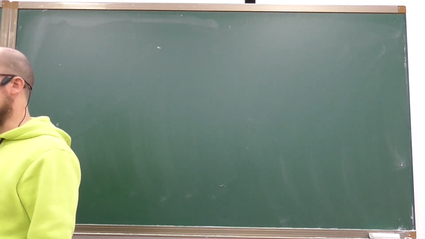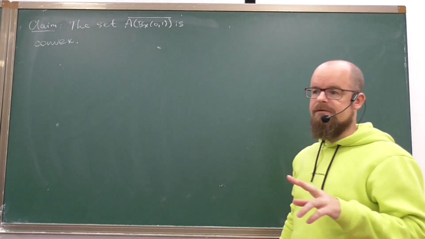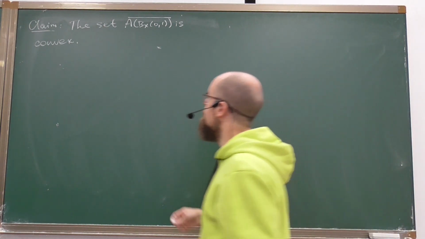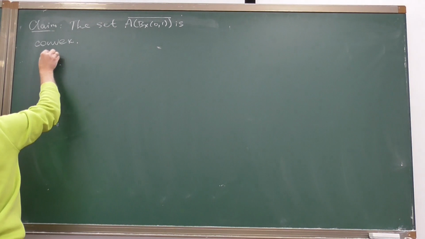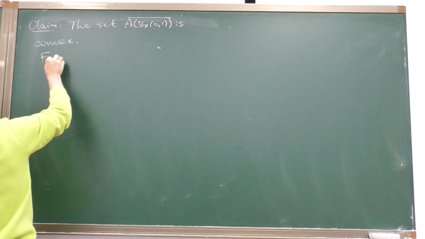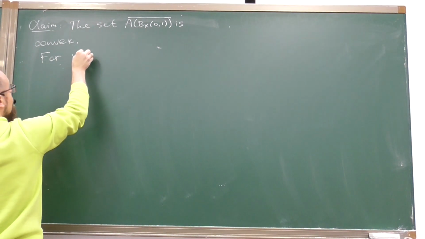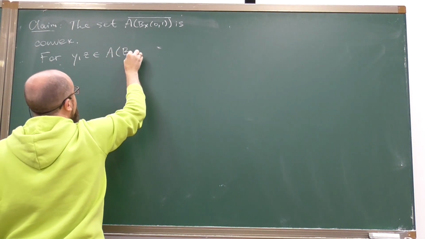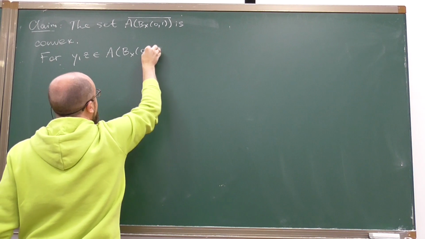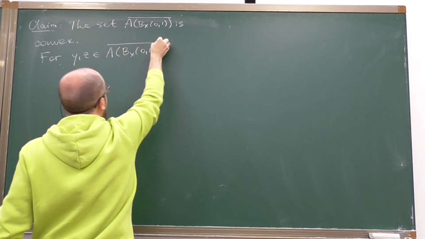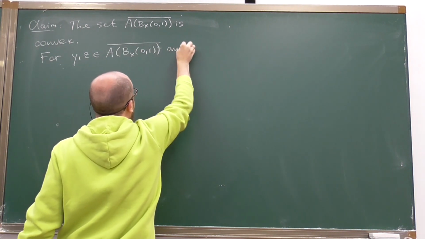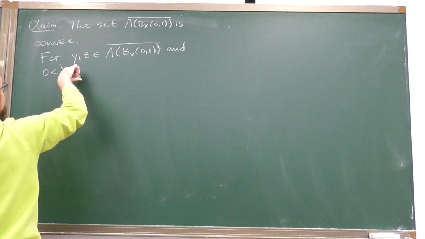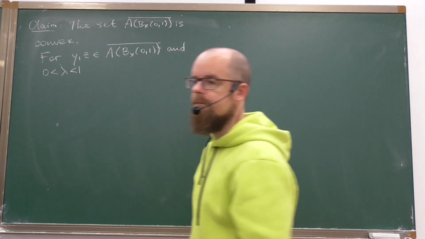this set is convex. So let us take 2 points from this set and some scalar lambda between 0 and 1.